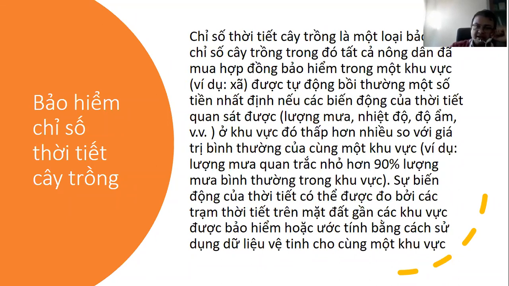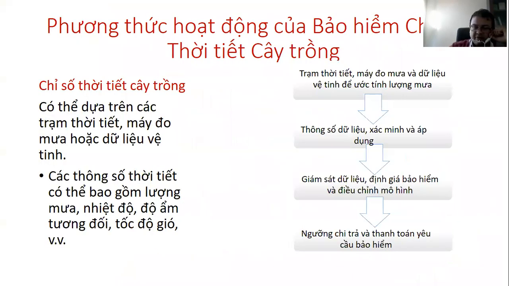Then in the next slide, we have some more information on the weather index insurance. As I mentioned, it can be based on either weather stations or satellite data. The parameters are basically all the weather parameters which can be measured and for which historical data is available. Generally speaking, rainfall has the most historical data available, globally even.